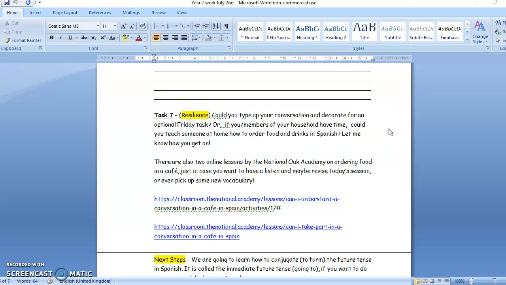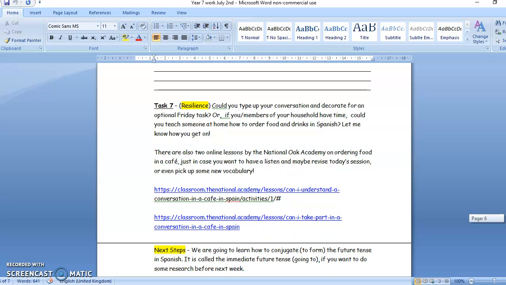I'd love to hear. So if you wanted to do a little bit more work as well, there's a National Oak Academy which I've let my 9 and 10s have a look at the lessons, and follow the lesson. We've got an introduction here, and then this is just consolidating what they have learned previously. You might be able to pick up some new items of vocabulary as well, which would be good for you.